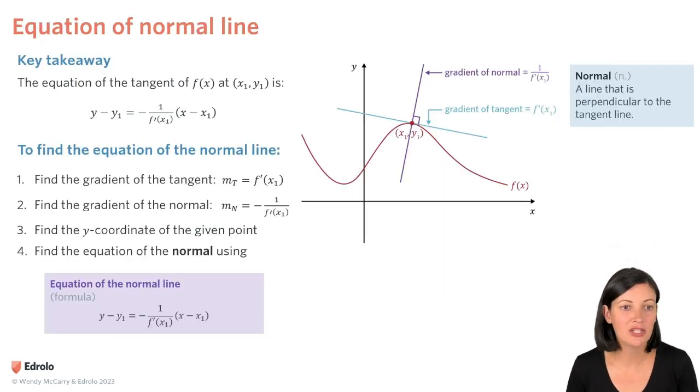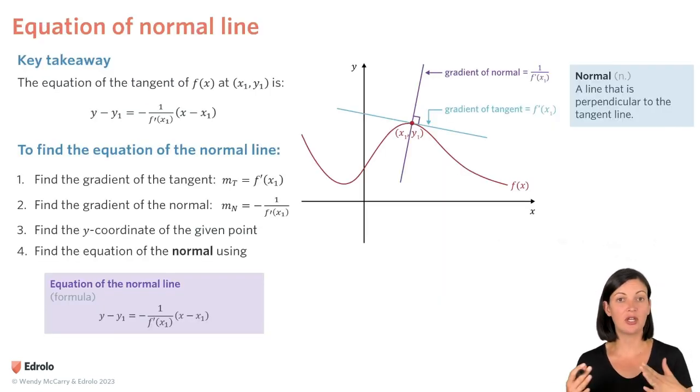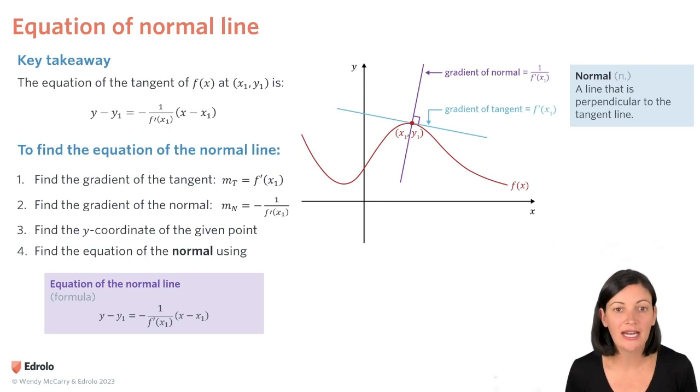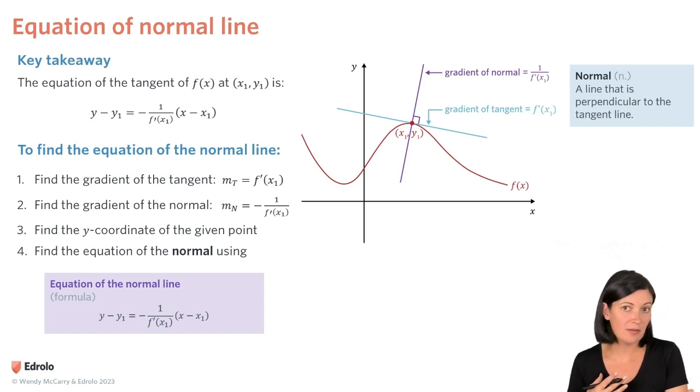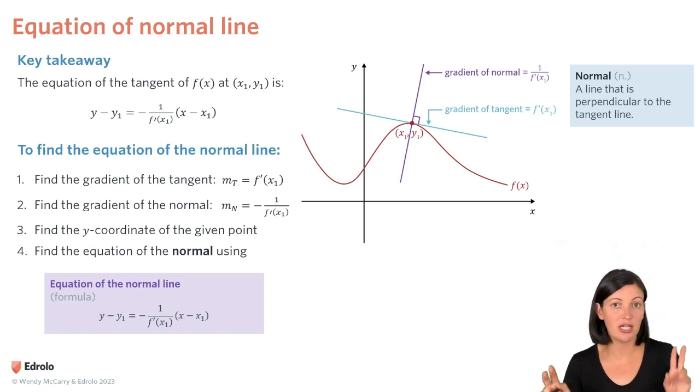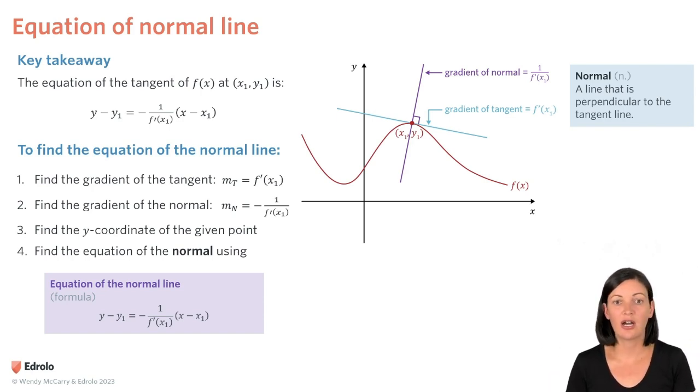So in this last section, we're going to have a look at the equation of the normal line. What a normal line is, it's just a line that is perpendicular to the tangent line. Now, sometimes VCAA doesn't use the terminology normal anymore, but they can still ask you to find the equation of a line that is perpendicular to the tangent line.